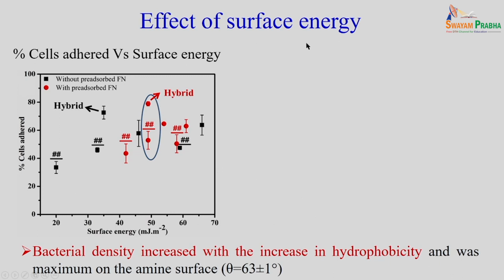Now, we have plotted the effect of surface energy. Here you see, with increase in the surface energy, there is an increase in the percentage cell adhered. There are two cases again: without pre-adsorbed fibronectin, and the circle is with pre-adsorbed fibronectin.